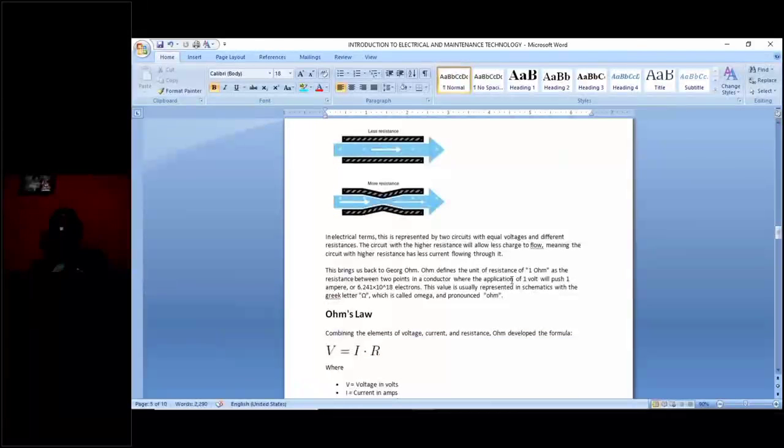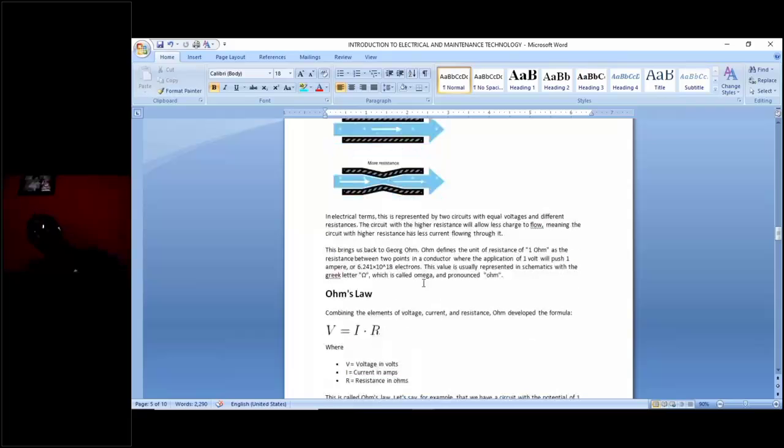Relating this in electrical terms, for two circuits with equal voltage and different resistance, the circuit with the higher resistance will allow less charge to flow, meaning less current flowing through it. This brings us back to George Ohm, who defines the unit of resistance of 1 ohm as the resistance between 2 points in a conductor where the application of 1 volt will push 1 ampere, or 1 coulomb of charge.